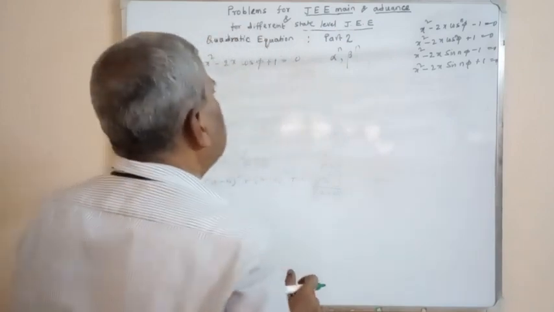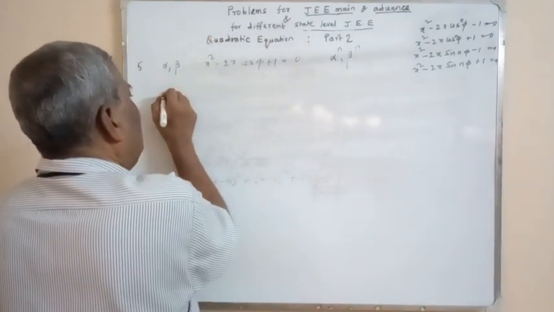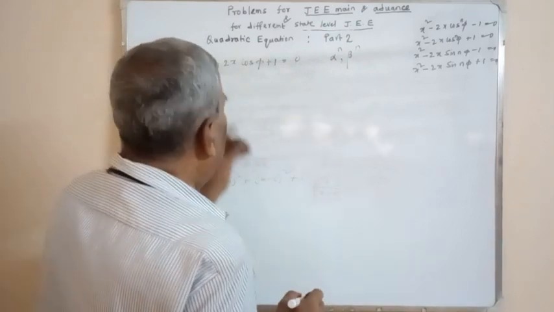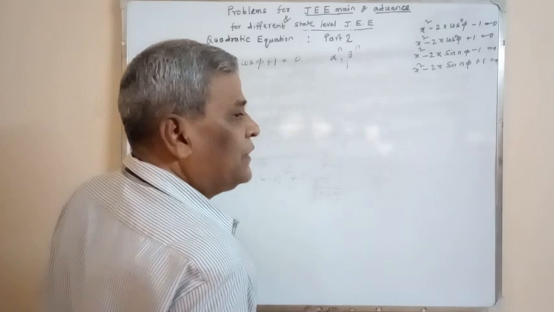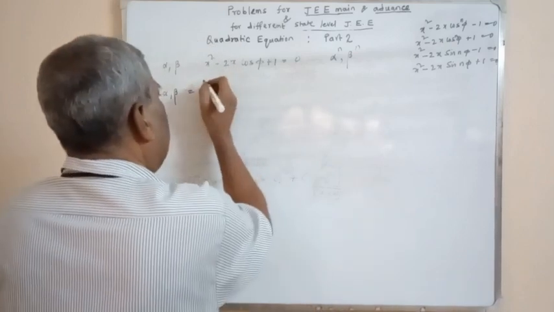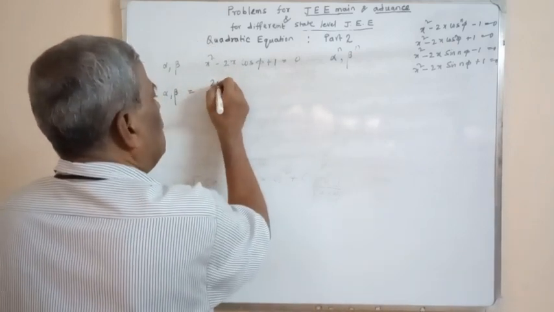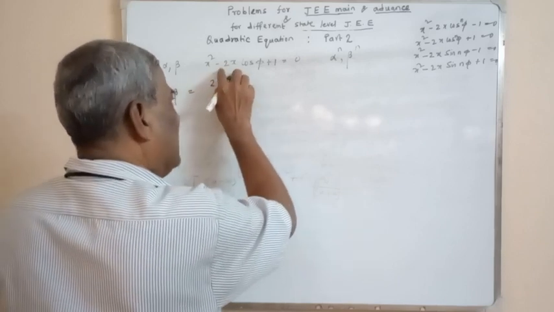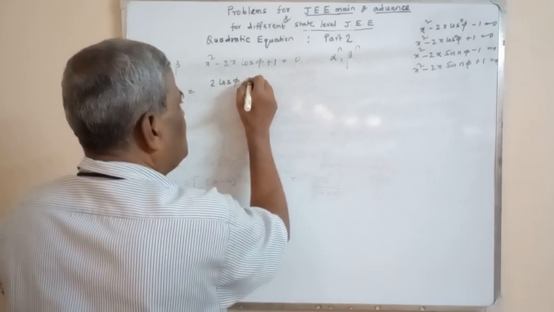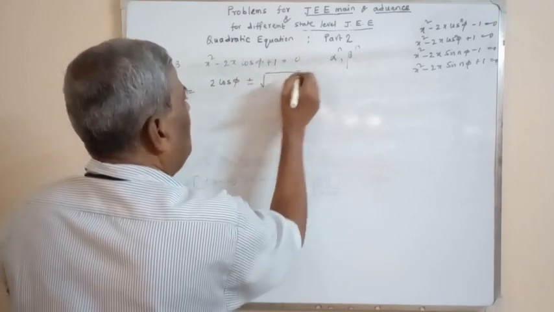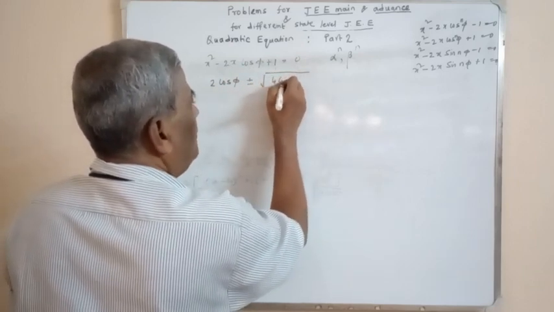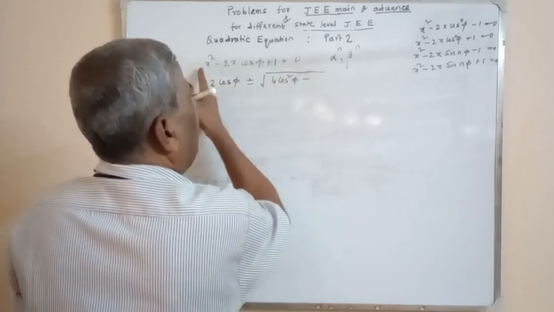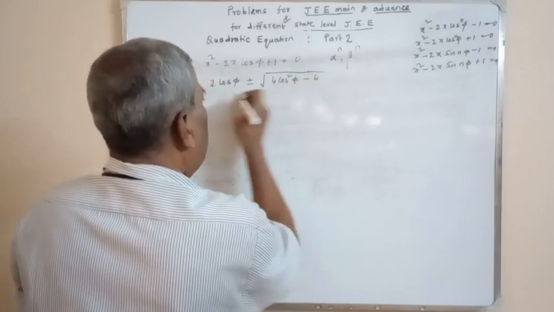Now solving this, alpha, beta are equal to, using the Sridhar Acharya method, minus b plus minus root over b square minus 4ac, by 2a.